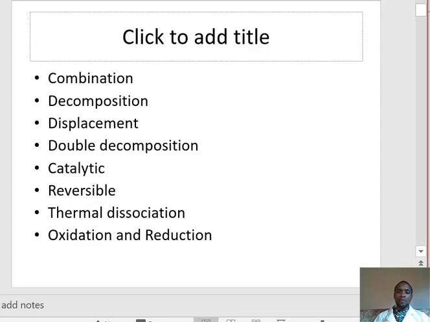We have different types of reactions: combination reactions, decomposition reaction, displacement reactions, double decomposition, catalytic, reversible reactions, thermal dissociation, and oxidation and reduction reaction. All these reactions are the important reactions that we must know in chemistry.